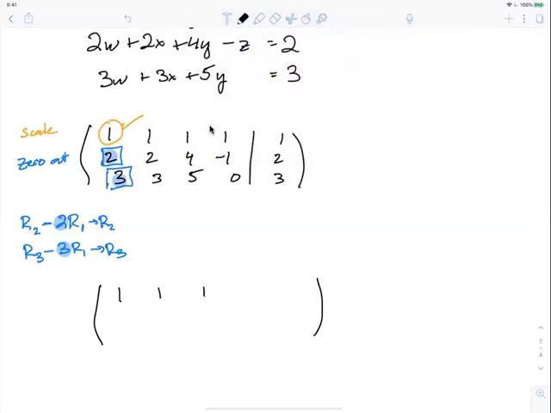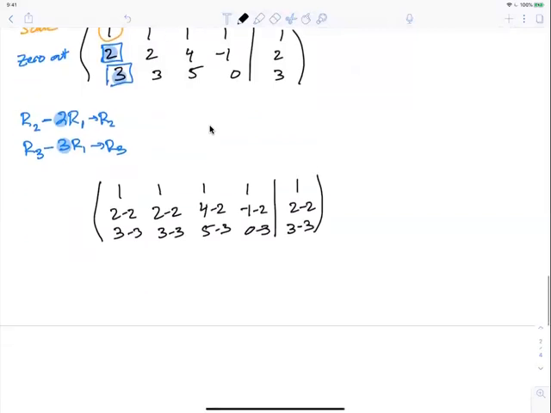Well, on top, the top's not going to change. And the second one, we're going to get 2 minus 2, 2 minus 2, 4 minus 2, minus 1 minus 2, and 2 minus 2. 3 minus 3, 3 minus 3, 5 minus 3, 0 minus 3, and 3 minus 3.